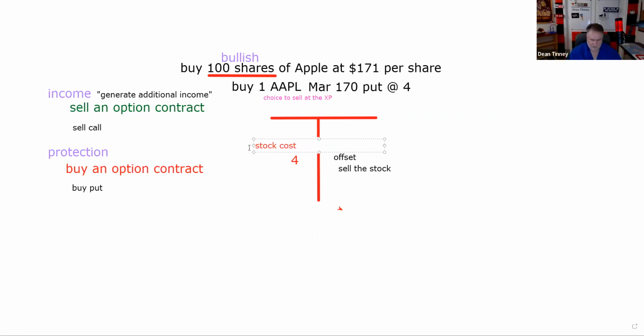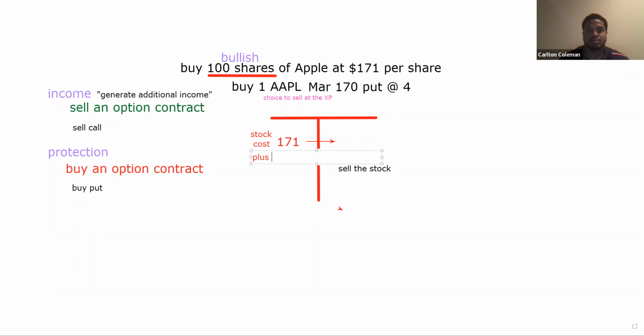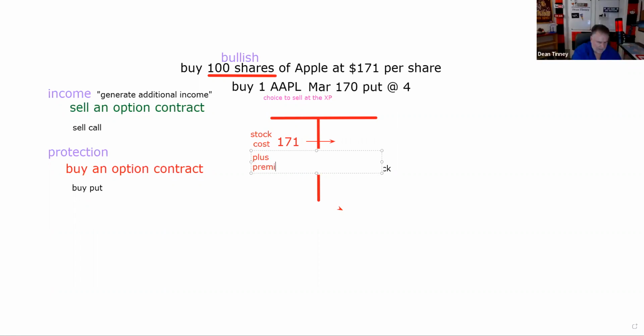We paid 171 for the Apple. We'll put that there, plus the premium, what we paid for the protection. This is the one time and the one time only that we have a put and we're actually adding to get break even.